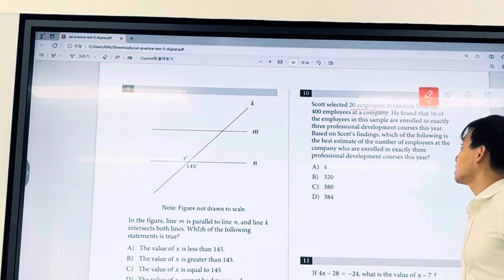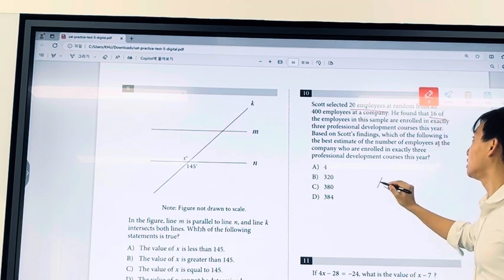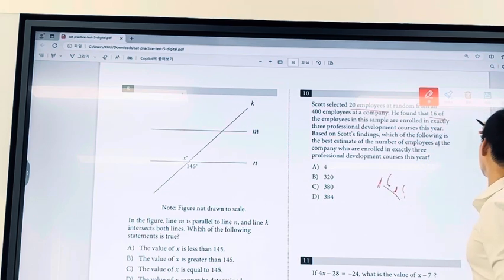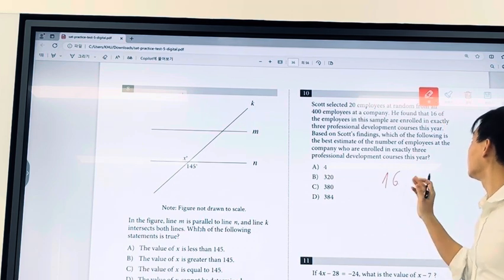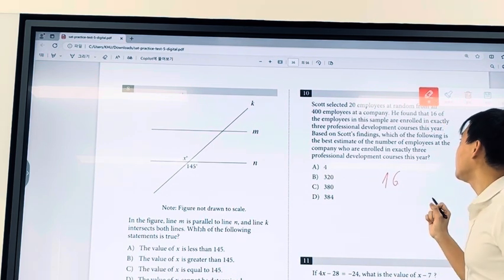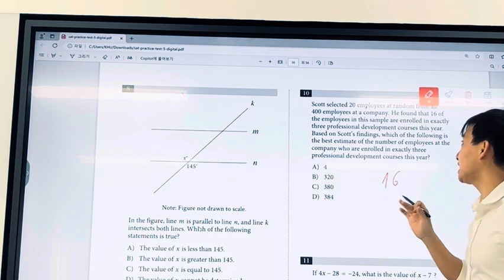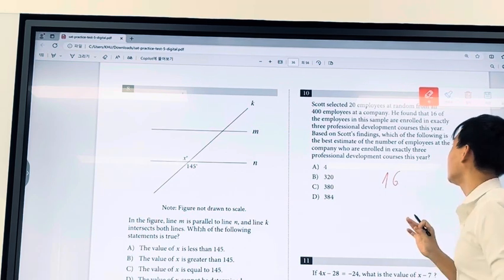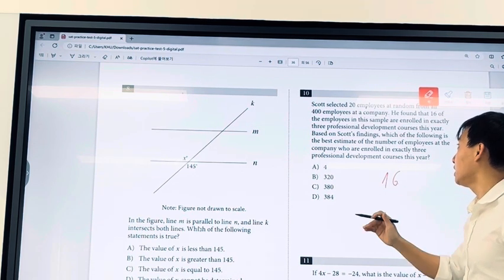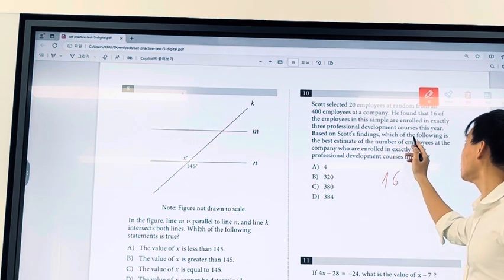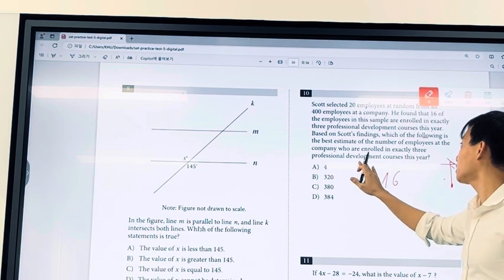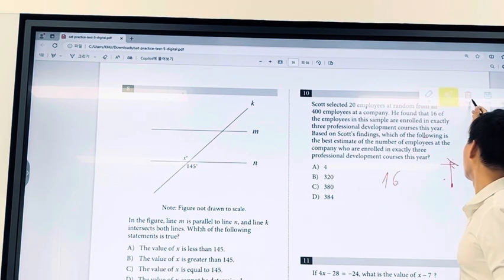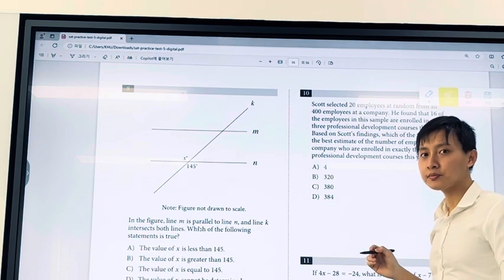He found that 16 employees in this sample are enrolled in exactly 3 professional development courses this year. Based on this finding, which of the following best estimates the number of employees at the company who are enrolled in exactly 3 professional development courses this year? How can we do this question?